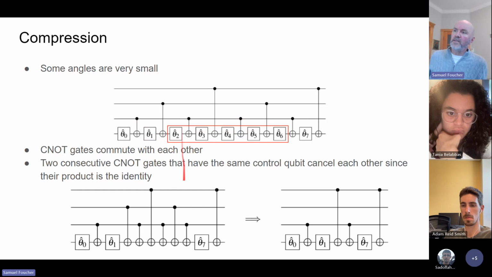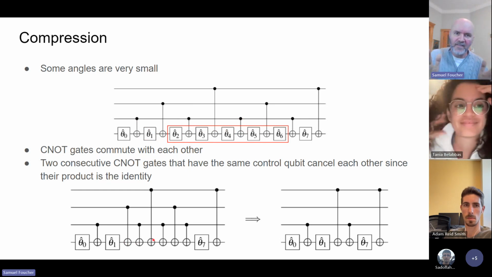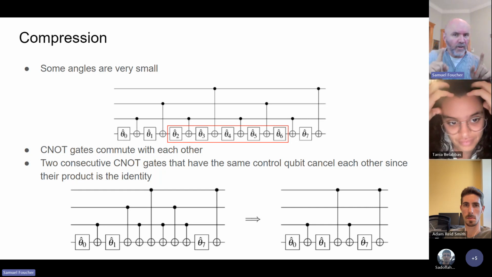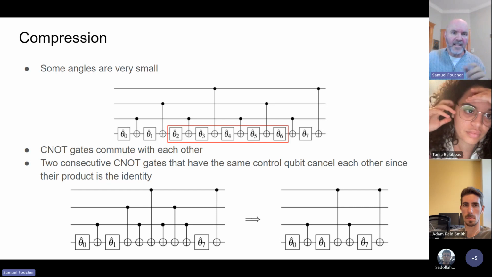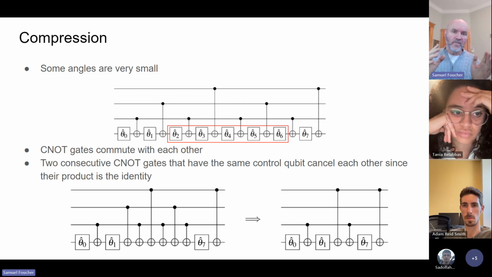And when they disappear, all the CNOTs are next to each other, which is also another condition because they could be in another position. In that case, it happens that they are in the same position. So you see that the order of encoding of the pixels may also have an impact on the compression.